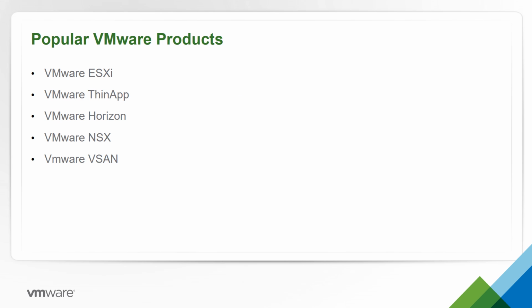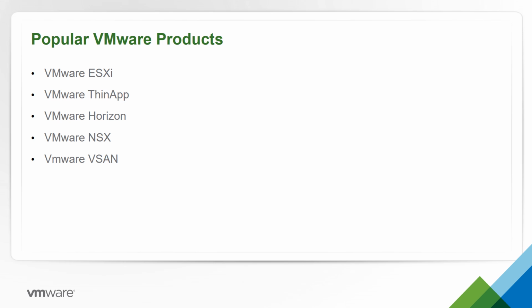Now we have understood what a data center is, what components we have, and what we virtualize here. Now let's try to understand what products VMware provides to help you achieve these virtualization concepts. For compute virtualization, we have VMware ESXi, nothing but vSphere actually.